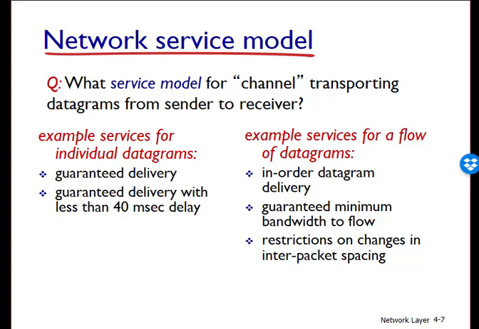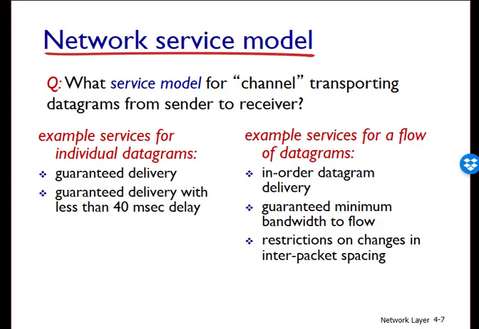Furthermore, the following services could be provided to a flow of packets between a given source and a destination, such as in-order packet delivery. This service guarantees that packets arrive at the destination in the order that they were sent. Guaranteed minimal bandwidth. This network layer service emulates the behavior of a transmission link of a specified bit rate between sending and receiving hosts.